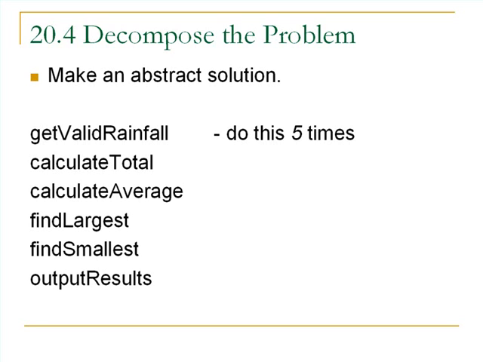Each time I call it, it will give me back one valid rainfall amount. And then I have a function called calculate the total, another one calculate the average, find the largest, find the smallest, and then output the results.